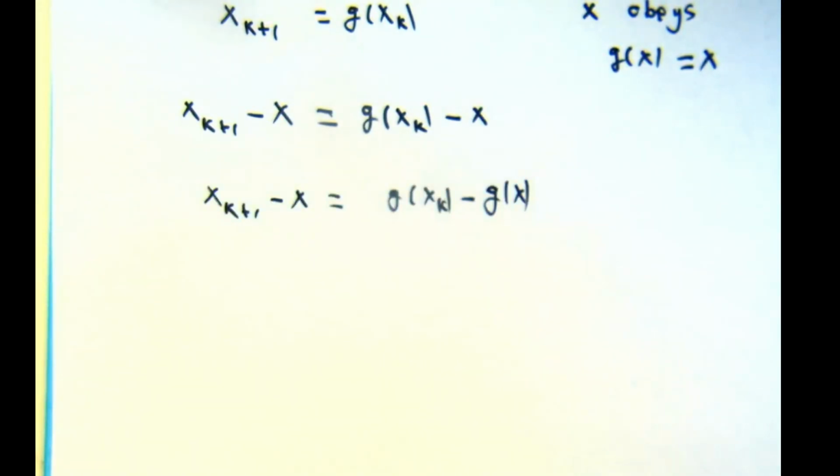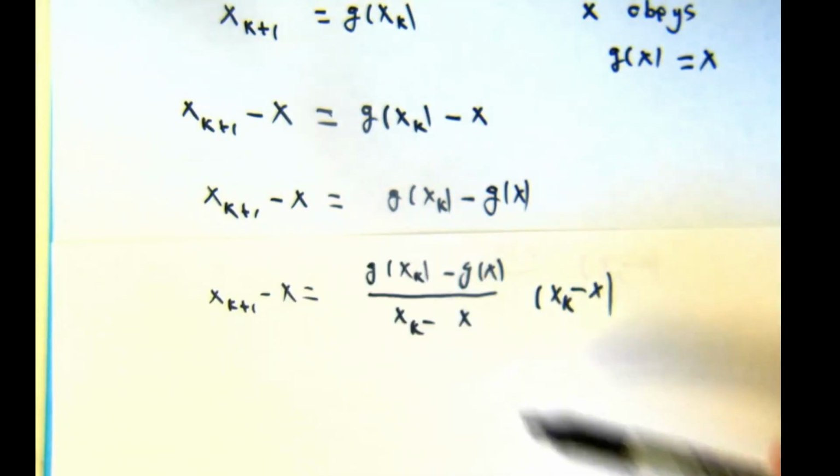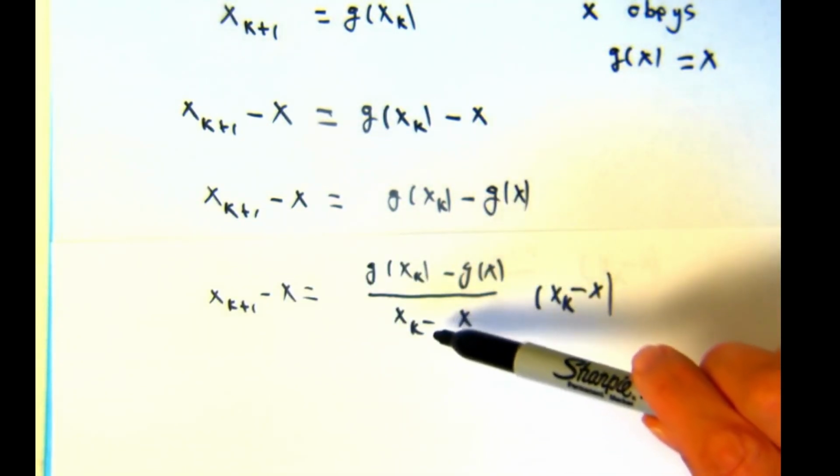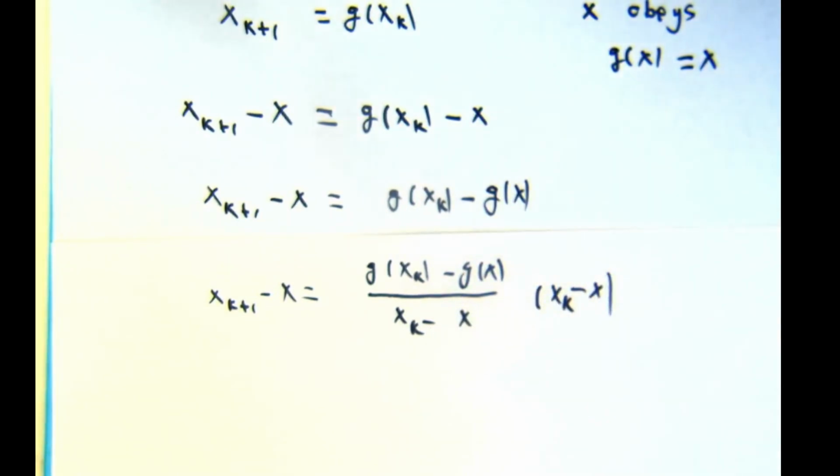At first glance, this seems to make things more complicated instead of less, but we're going to do a bit of trickery here. I'm going to divide this side by xk minus x, and then multiply by xk minus x so that I haven't done anything. Again, this looks like I'm making life harder on myself instead of easier, but we'll see in a second.